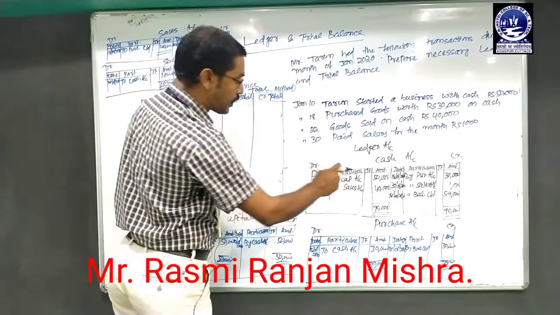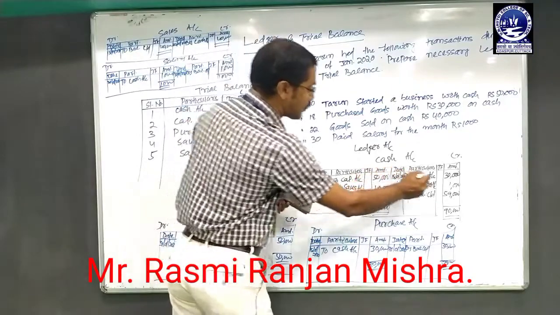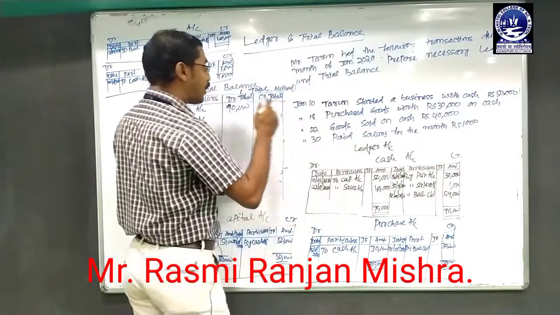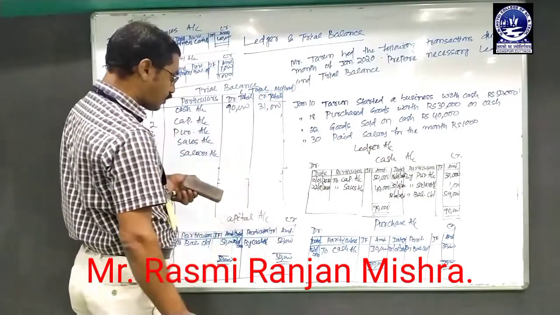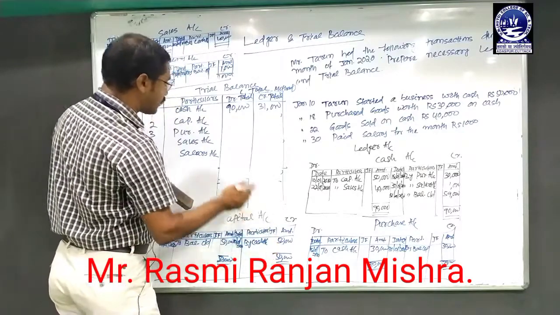Cash account, the debit total is 90,000 and a credit total, that is 31,000. Before balancing how much amount is there, that amount take into consideration. So that is 31,000. Then the next one is capital account, the debit total, that is nil, and a credit total, that is 50,000.